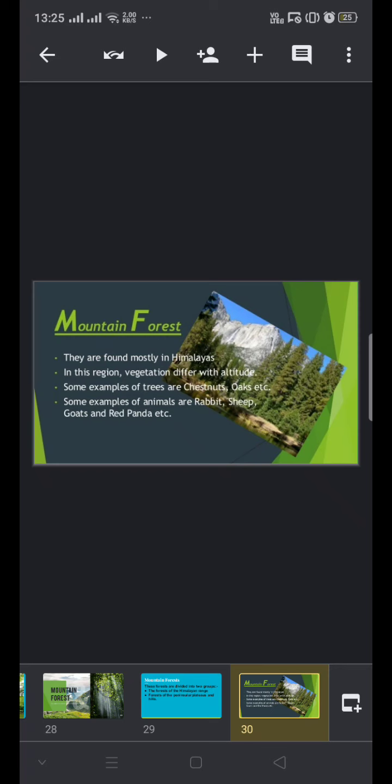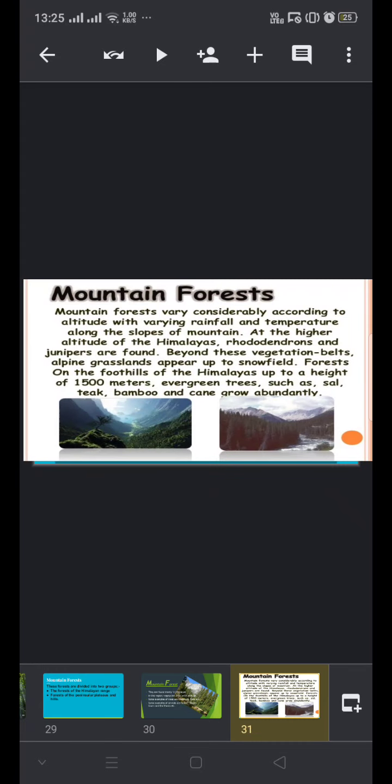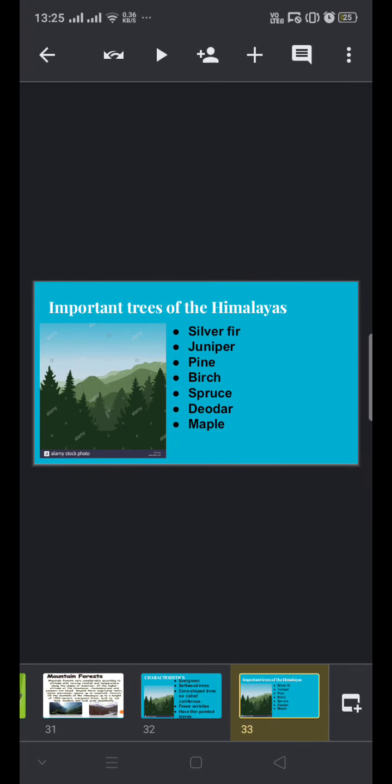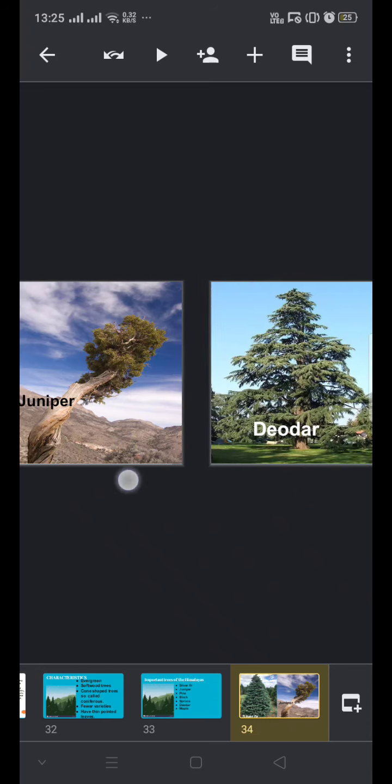They have pointed leaves and have more wood in the trunk than in the branches. Now the important trees that we find here are silver fir, juniper, pine, birch, spruce, deodar and maple.